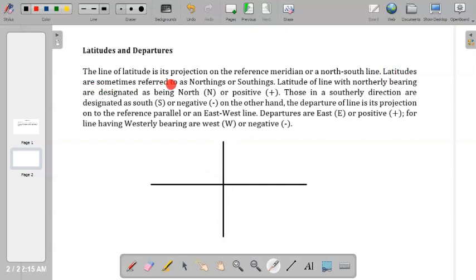Now, latitudes are sometimes referred to as the northings or southings, and latitudes of lines with northerly bearing are designated as north or positive. Those in the southerly direction are designated as south or negative. On the other hand, the departure of a line is its projection on the reference parallel or an east-west line. So departures are east or positive, and for lines having westerly bearing, they are west or negative.